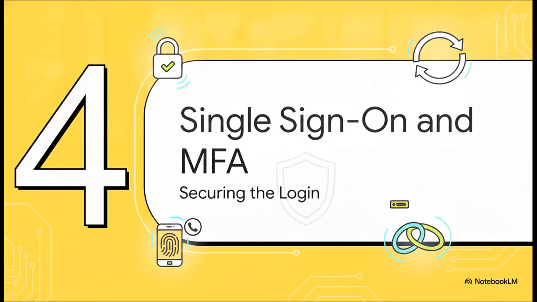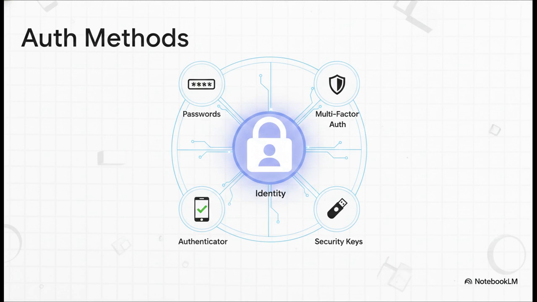All right, Section 4, single sign-on and MFA, securing the login. When it comes to verifying identity these days, basic passwords are just no longer enough. Honestly, they're just one fragile little piece of the modern security puzzle. Microsoft Entra ID brings in advanced methods like multi-factor authentication, the Microsoft Authenticator app, and physical FIDO2 security keys.